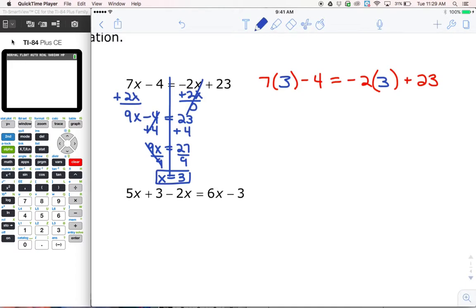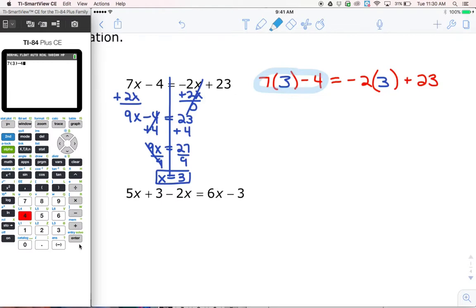These are a little different from what we used to check. The way we check these is we type them in our calculator, each side by itself. Over here, I'm going to type in 7 times 3, because I think x is 3, minus 4, and I get 17. On the right side, I type in negative 2 times 3, and then plus 23, and I'm also getting 17.